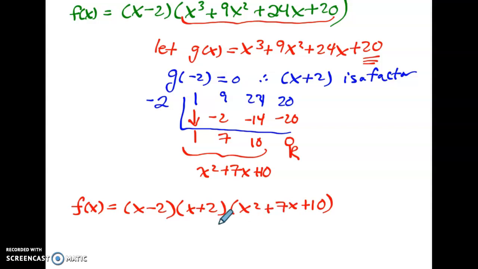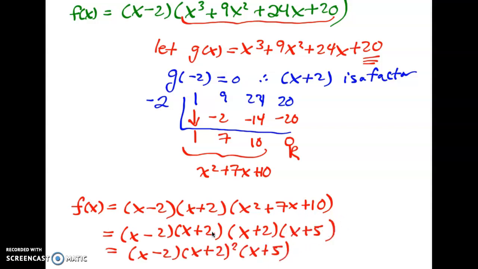And then now that we have it as a quadratic, we don't need to do factor theorem a third time because we know how to factor that quadratic already. It'll factor into x plus 2 and x plus 5. And because we have two x plus 2 brackets, you should rewrite that as x plus 2 all squared, because we do want everything to be fully simplified. Okay. So there we have our factored quartic function.